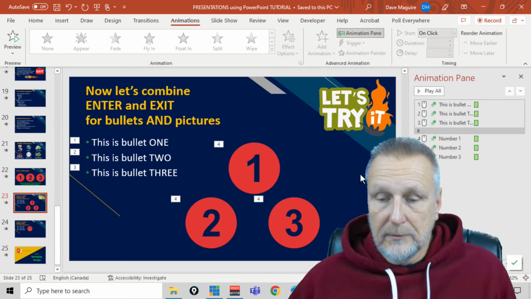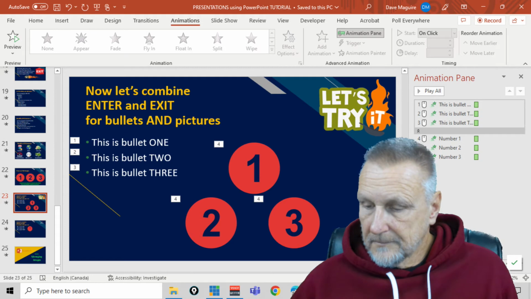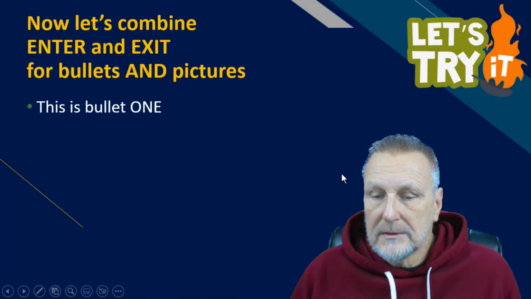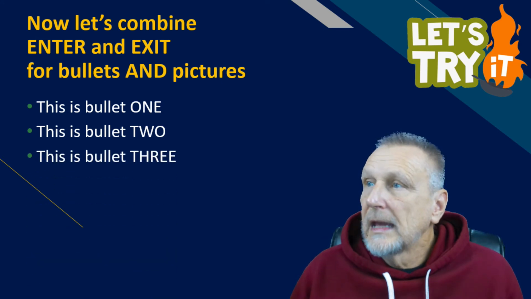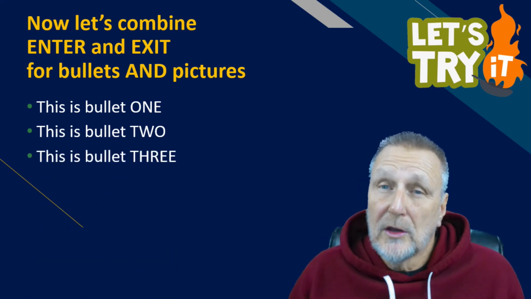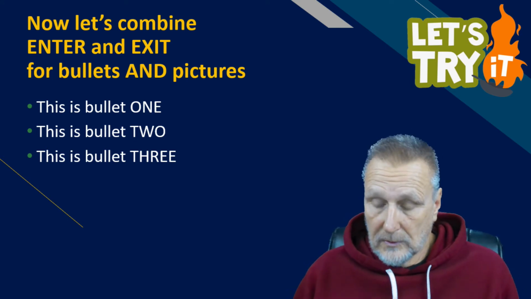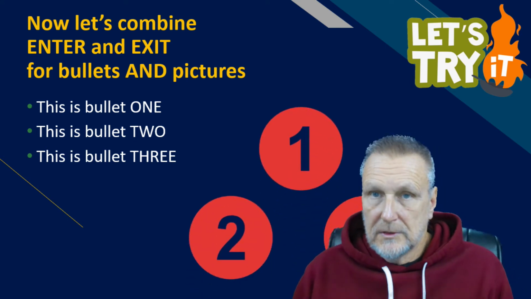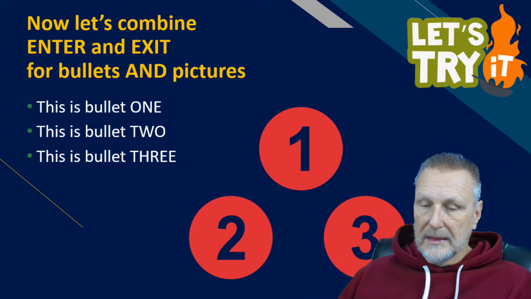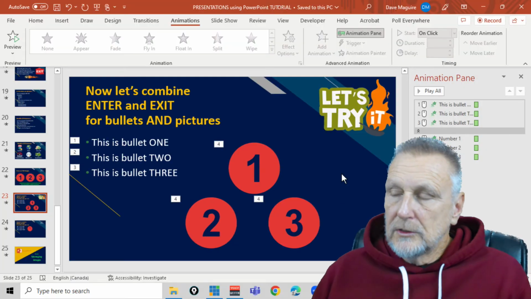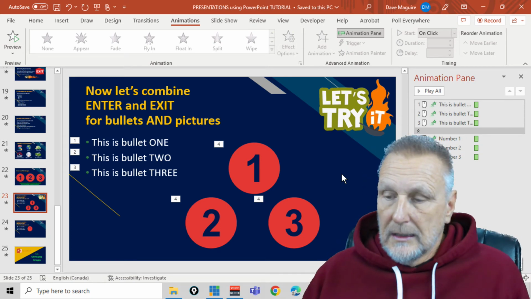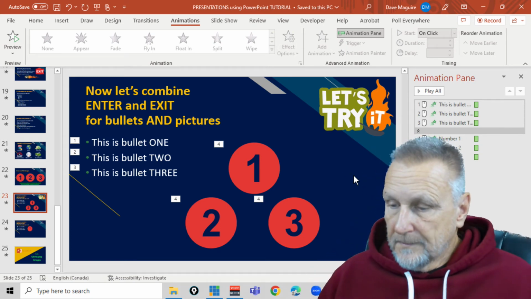Okay, so if we review what we've got real quick, we've got our 3 bullets coming on as I click. Now with this click, we're going to see all 3 images because, again, they're grouped together, which is no surprise. That's what we had told it to do. The first thing we need to do is change the order like we did before.